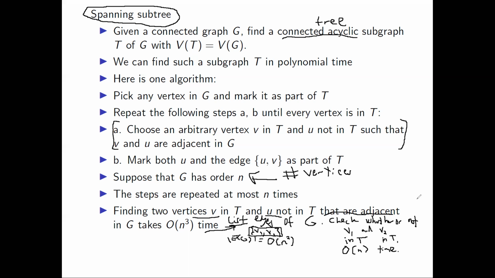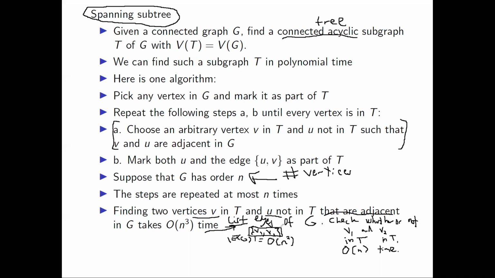So of course, this is a really dumb way to check if we have two vertices, V in T and U not in T, that are adjacent. It's a really dumb brute force way, but it doesn't matter if it's dumb. We're just trying to show that there is a polynomial time algorithm in the size of G to solve this problem, and this suffices.